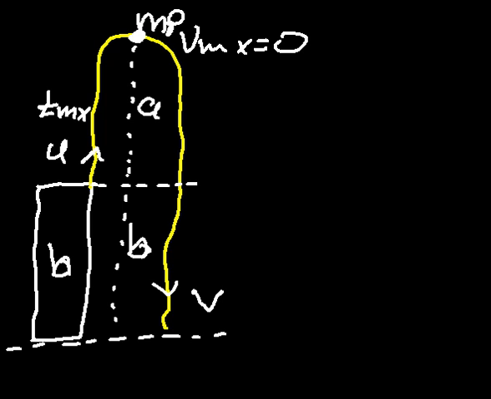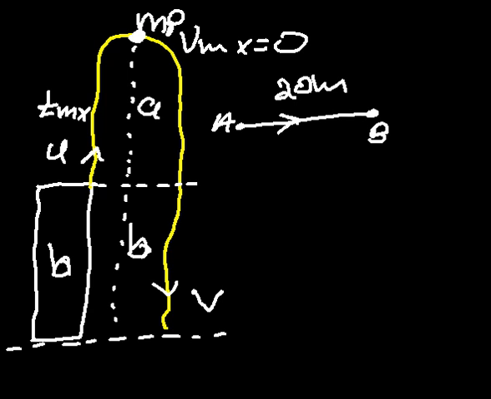Let's say the object has moved from point A all the way around to point B, and let's say it has covered about 20 meters, and after some time the object has decided to come back. Let me use it this way. It is going like this, and after some time the object has returned back.